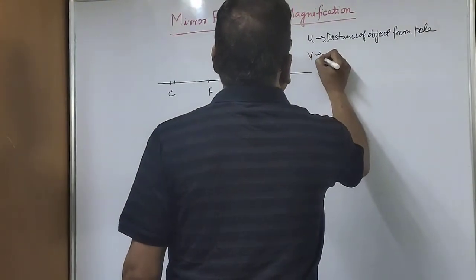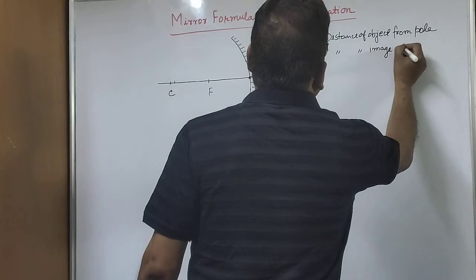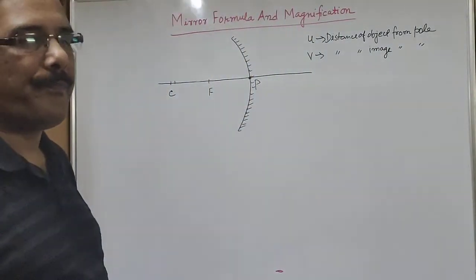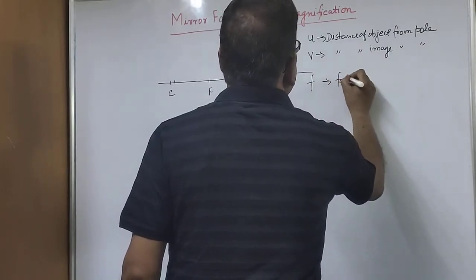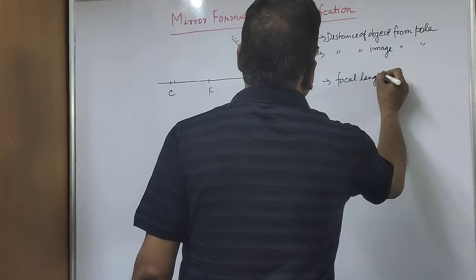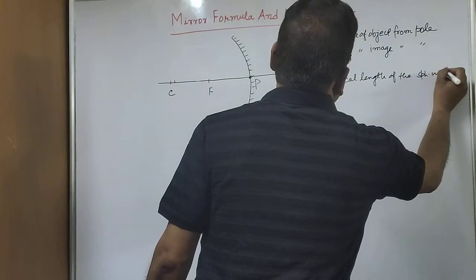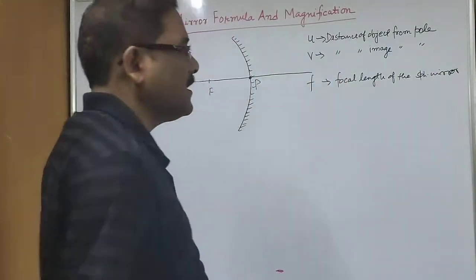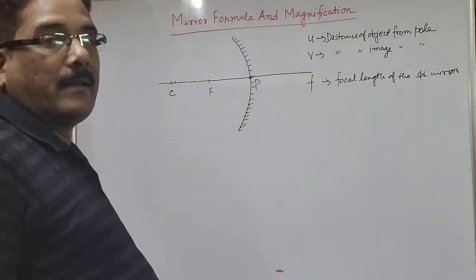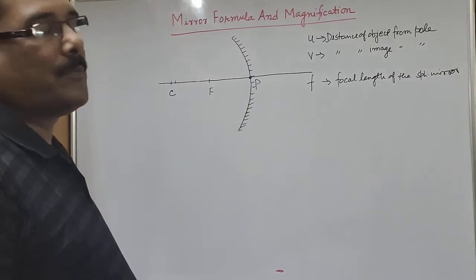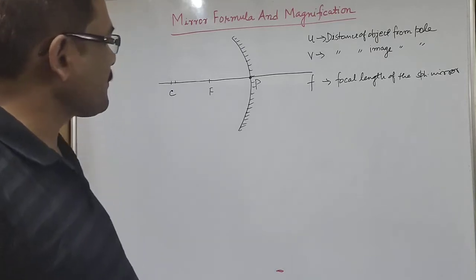Similarly, v is the distance of image from pole, and small f stands for focal length of the spherical mirror. Now mirror formula is a relationship between these 3 quantities: object distance, image distance, and focal length.